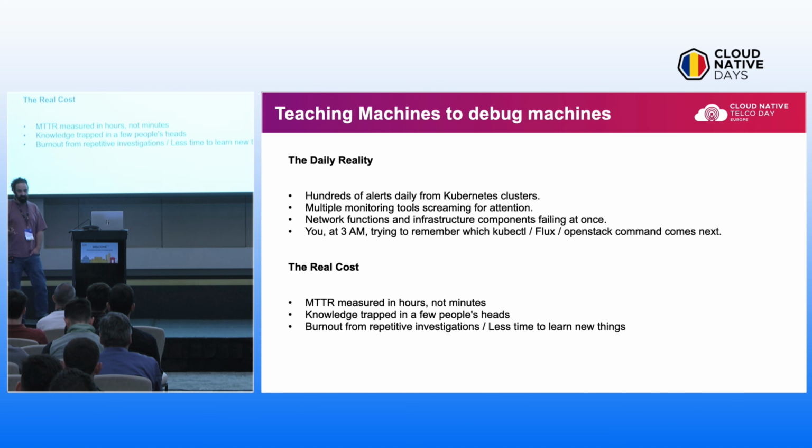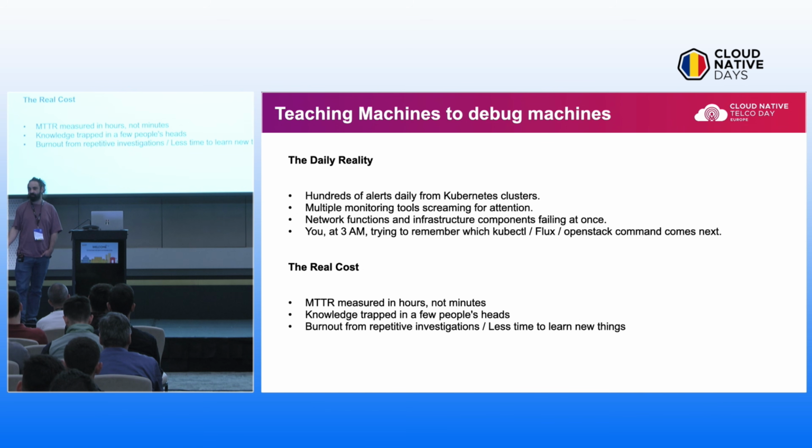We started from the daily reality that we had, with hundreds of alerts from Kubernetes clusters, multiple monitoring tools screaming, infrastructure components that are failing, and probably someone on call at 3 a.m. trying to remember what kubectl, flux, or whatever command they have to run, in which order, to fix everything. The problem is that the mean time to response is usually measured in hours.